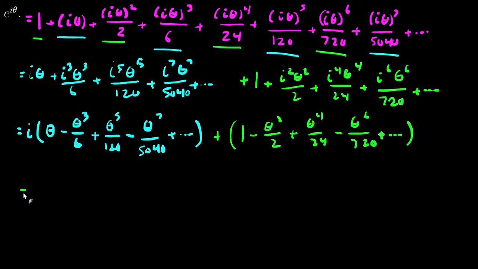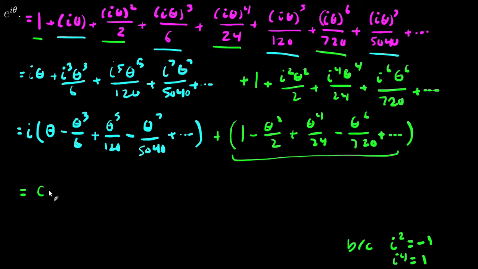And so, because i squared is negative 1, and i to the fourth is positive 1, and it keeps going that way, I can rewrite this. This right here is just cosine of theta.